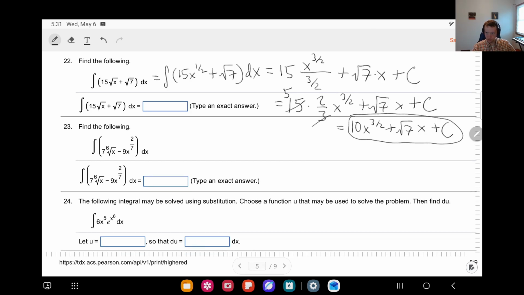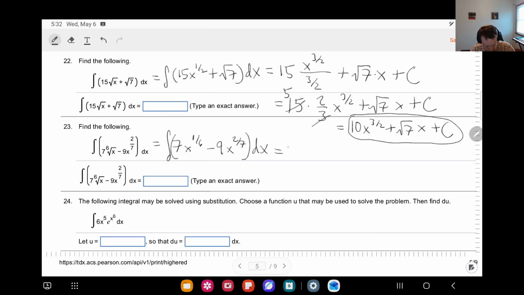Okay, number 23. We want to find this antiderivative. Well, this is also power rule as well. You just need to rewrite a sixth root as x to the 1/6. Okay.